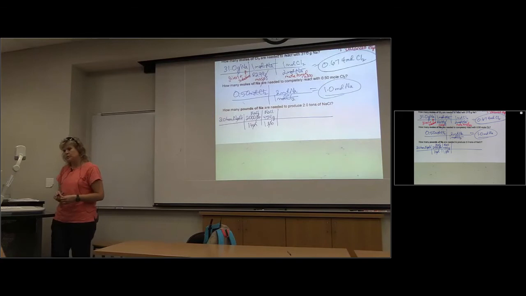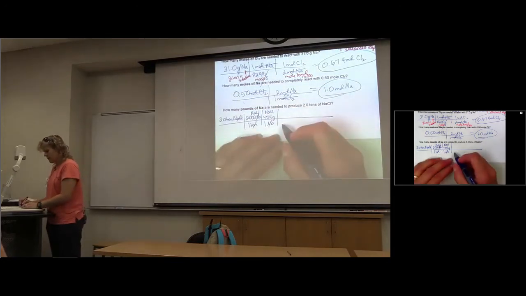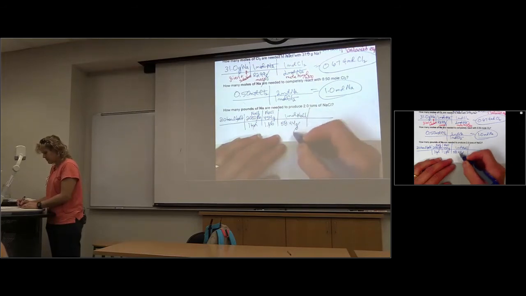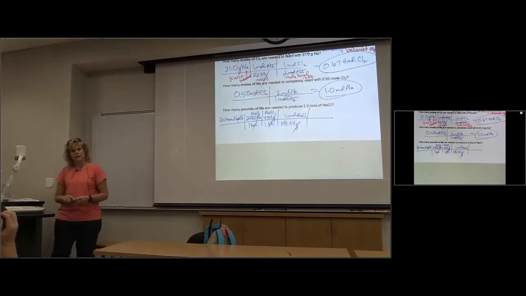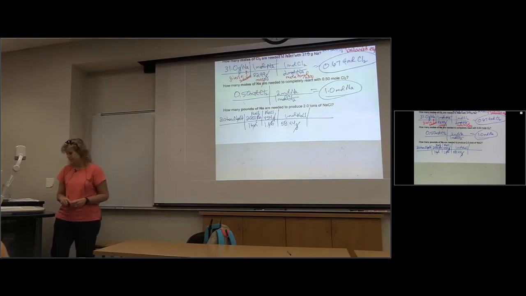So how many grams are in a mole of NaCl? That's right. So where does 58.44 grams go? 1 mole on top. And now what are we ready for? Mole to mole ratio.